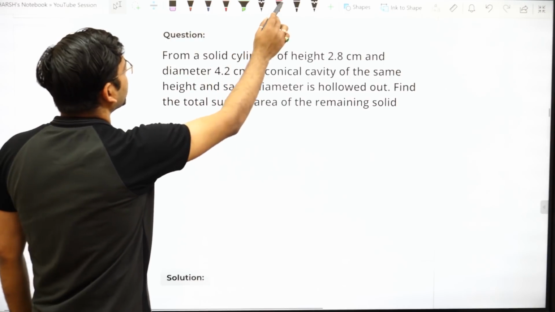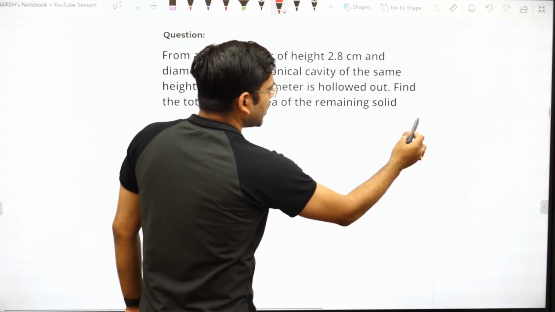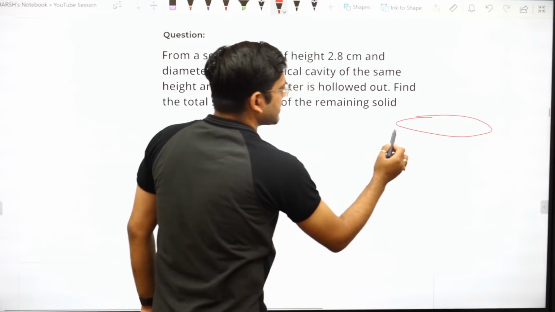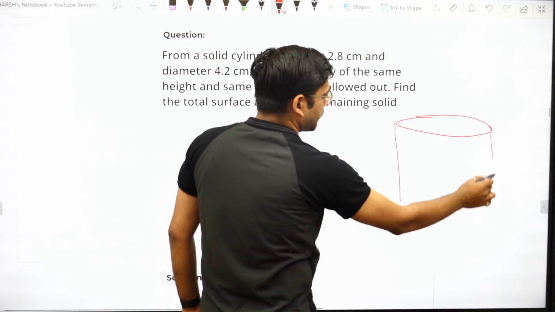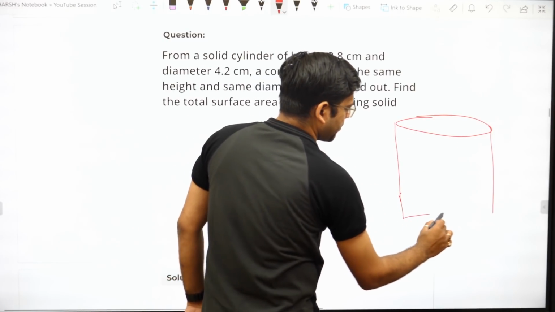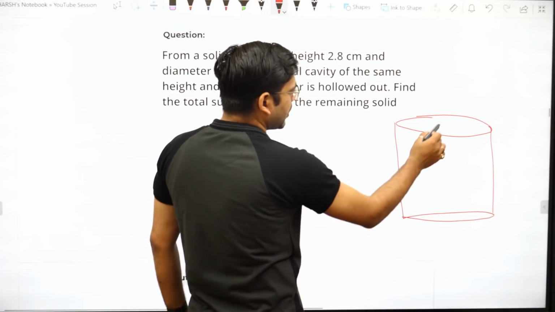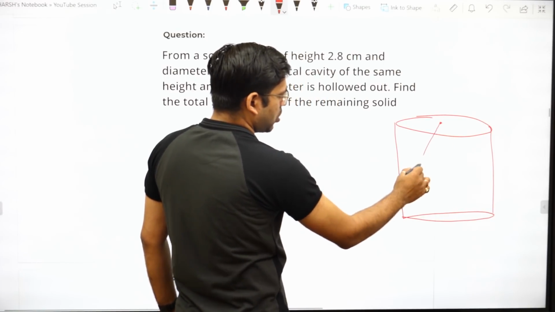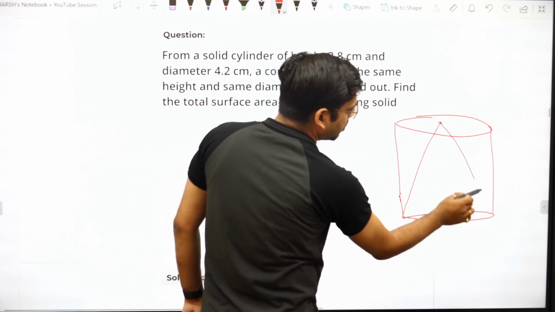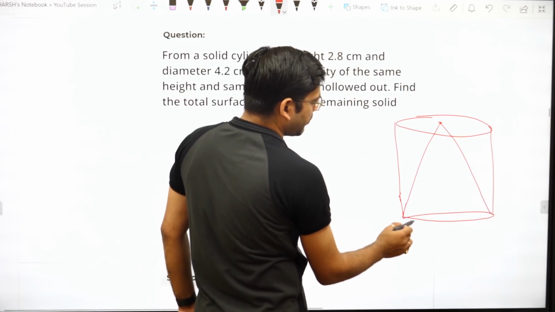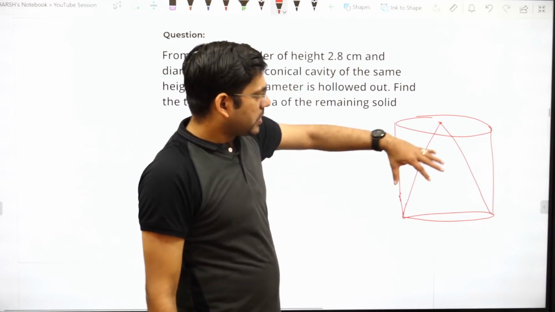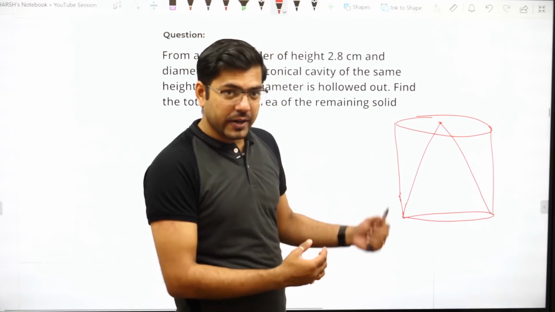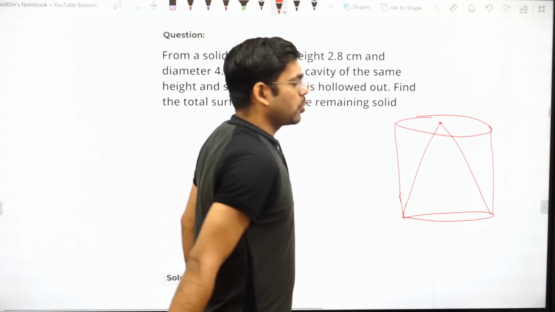So now the question says like this, that this is a cylinder, and in this cylinder we have drawn a cone. Not drawn a cone, rather we have cut it out. Means this was the original cylinder. Now I have removed this cone part.